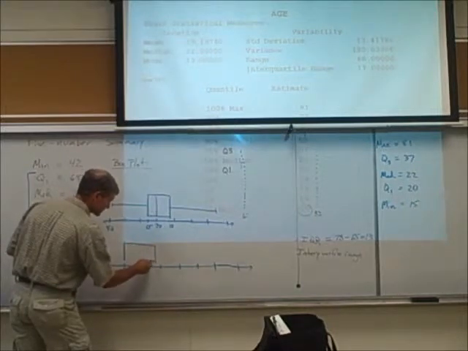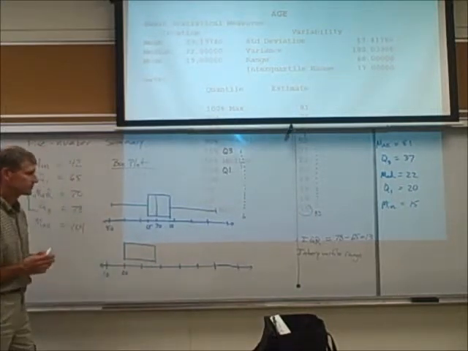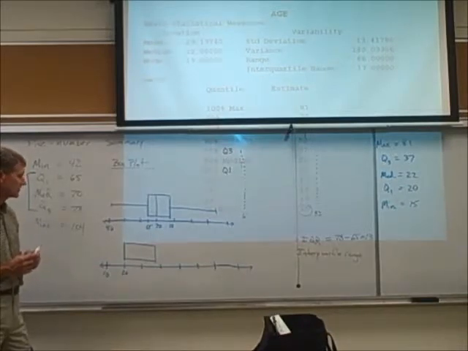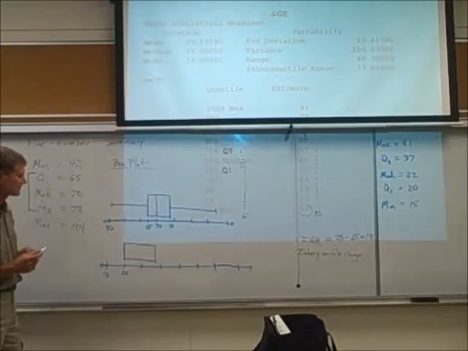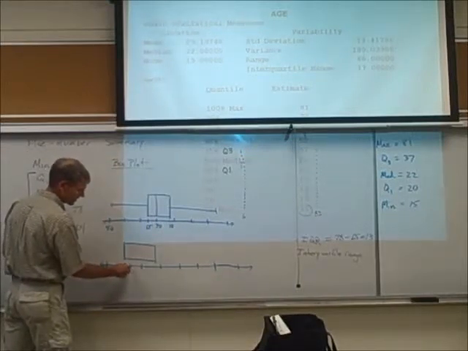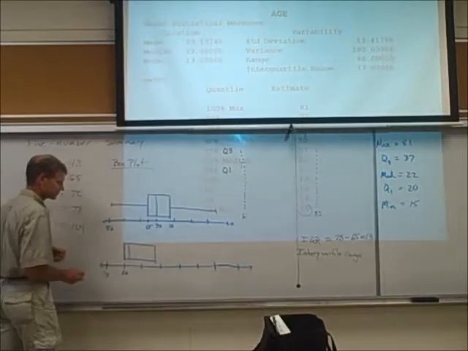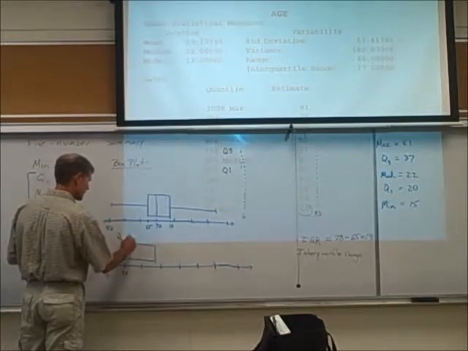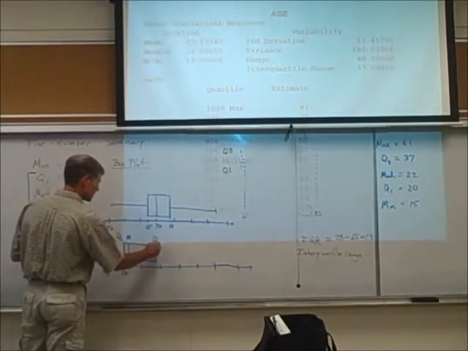There's my box. Then where does the median go? In the box. This is 20, so 22 is just barely past that, about right there. So this was Q1, this is the median, this was Q3.